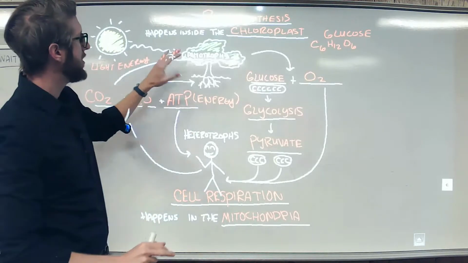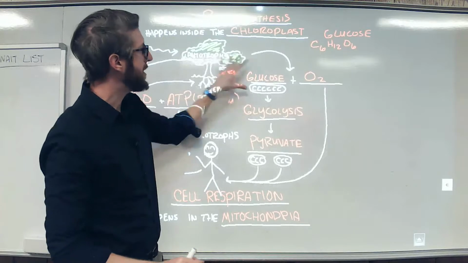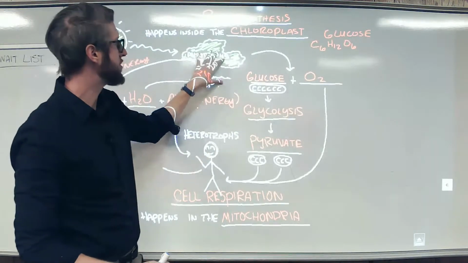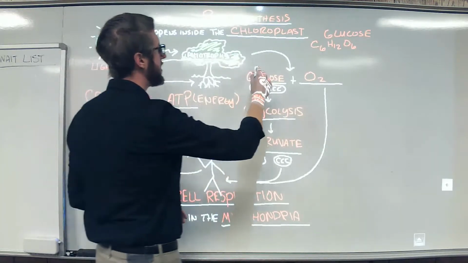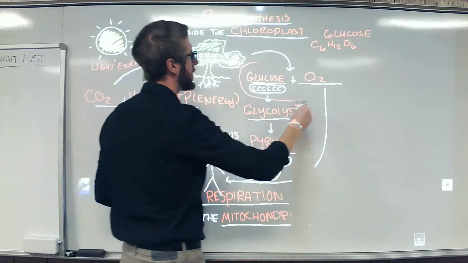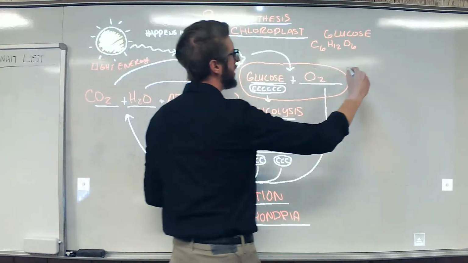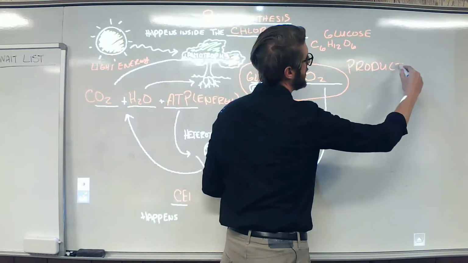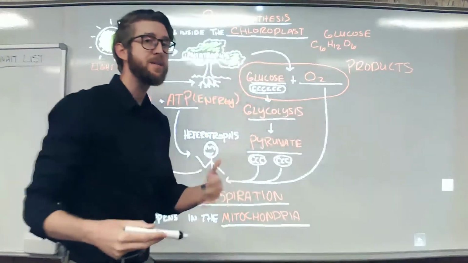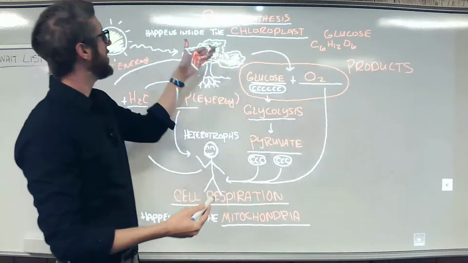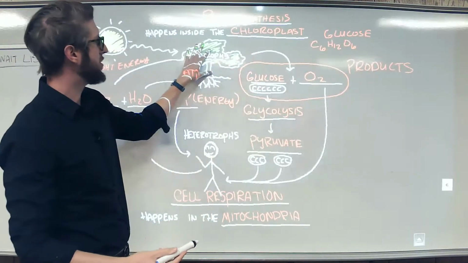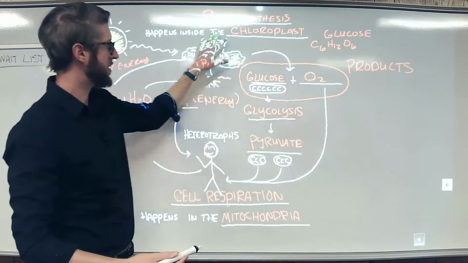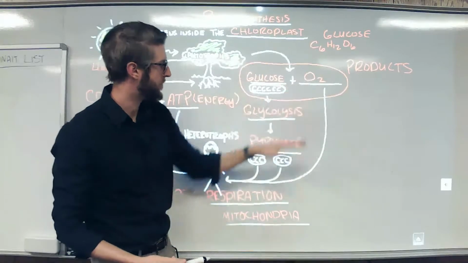So the things that get made by photosynthesis, these two things here, these are what we call products. Products are things that get made. So these get made by photosynthesis. These are the products of photosynthesis, glucose and oxygen.